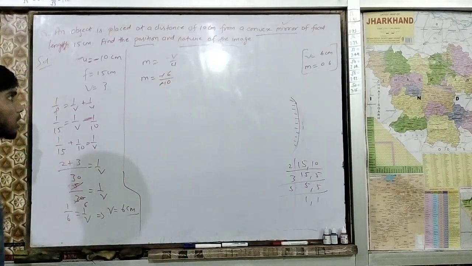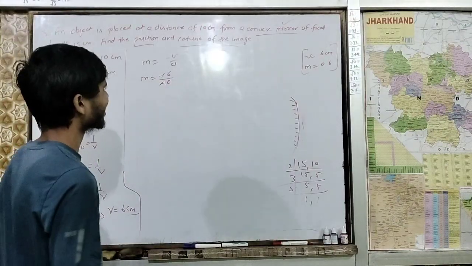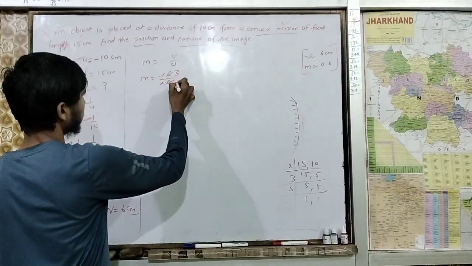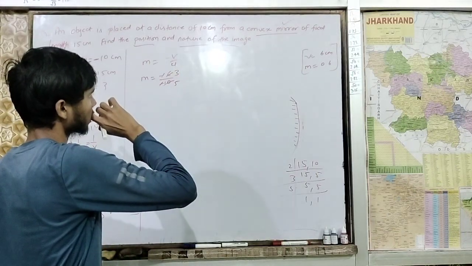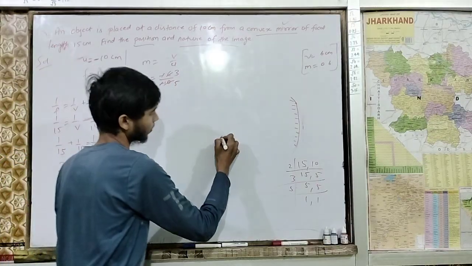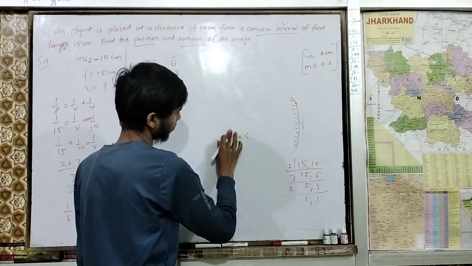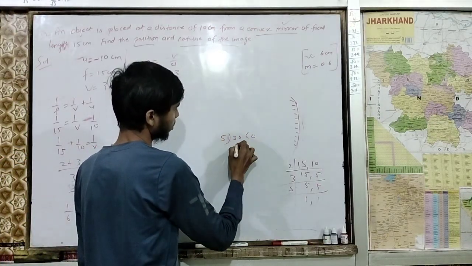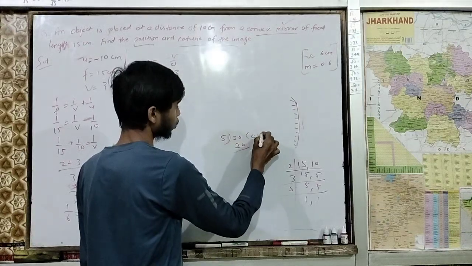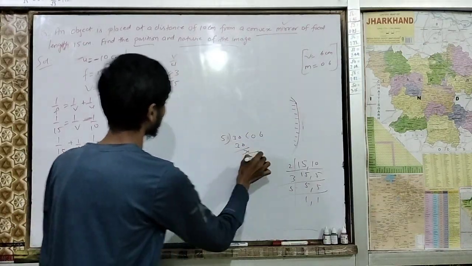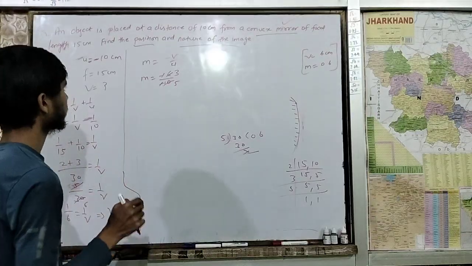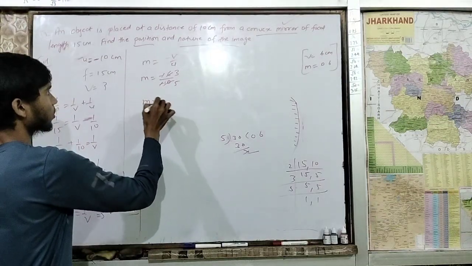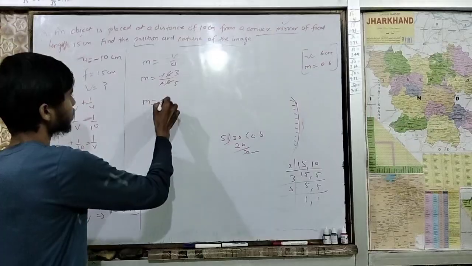The minus signs cancel each other. So m is coming out as 0.6.